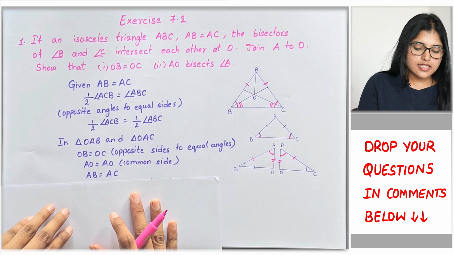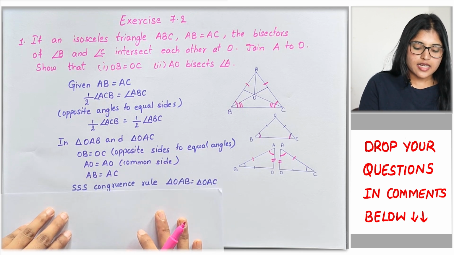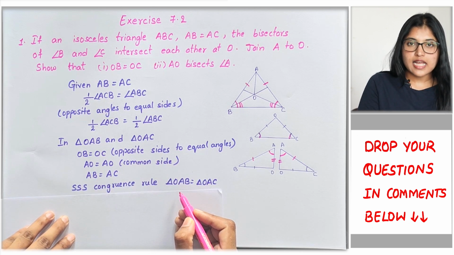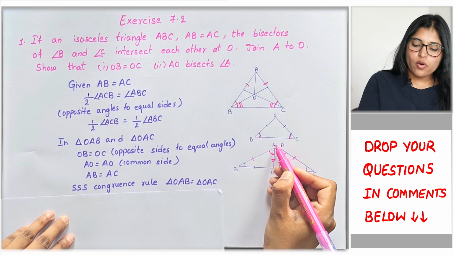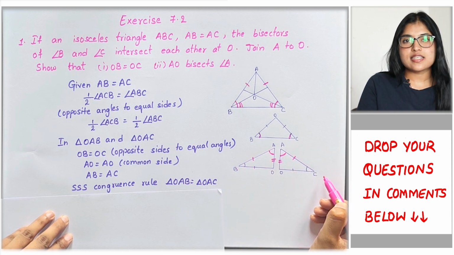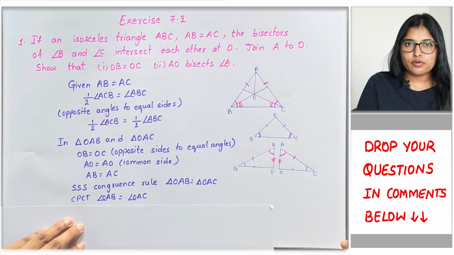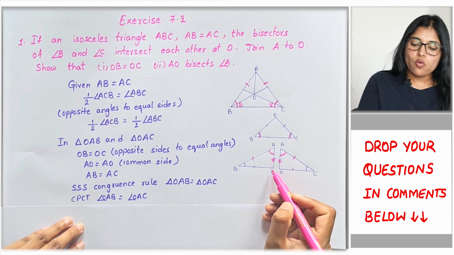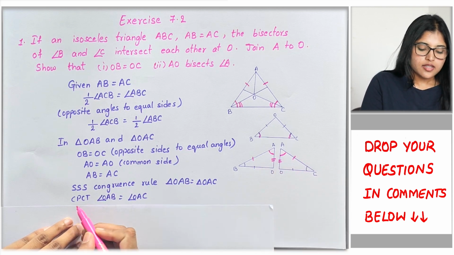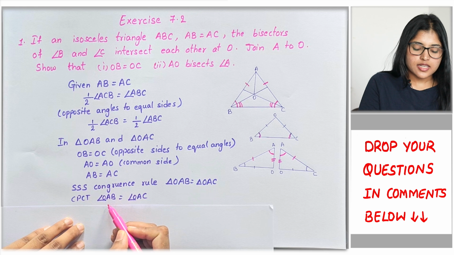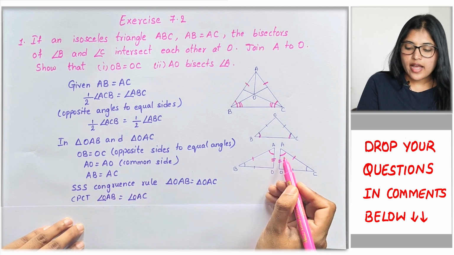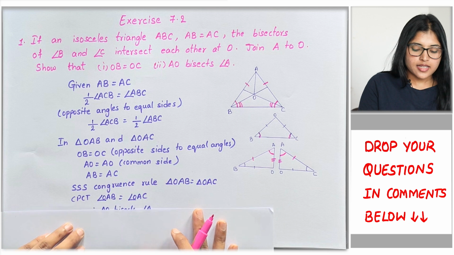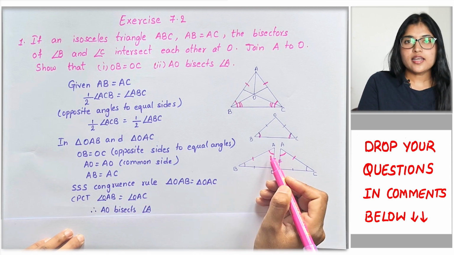Now using these three things, I can apply the SSS congruency rule and say triangle OAB and triangle OAC are congruent. By CPCT, corresponding parts of congruent triangles, angle OAB equals angle OAC. This means these two angles are equal, which implies that AO is bisecting angle A.